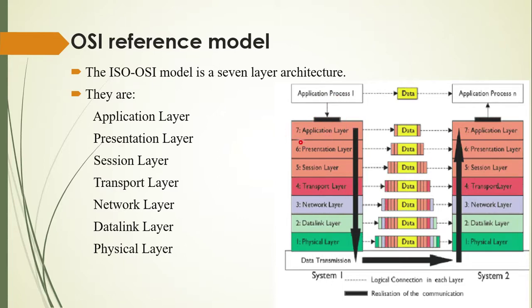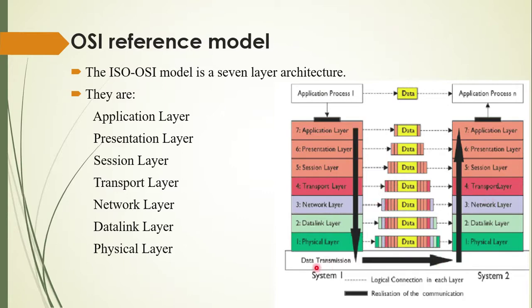This application layer sends data to the presentation layer. Presentation layer sends data to the session layer. Session layer sends data to the transport layer. Transport layer sends data to the network layer, and network layer sends data to the data link layer, and data link layer sends data to the physical layer. After the physical layer, data is transmitted through the transmission medium to host B or the client.